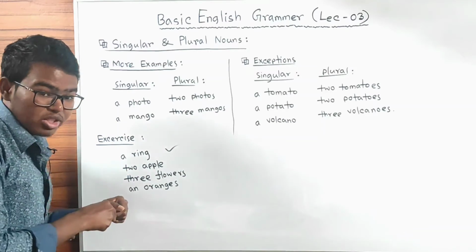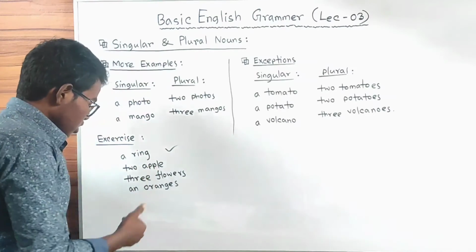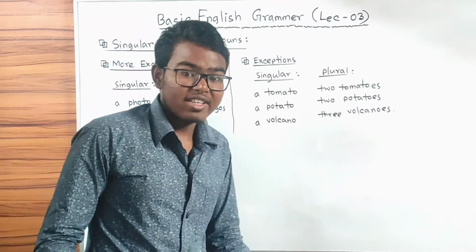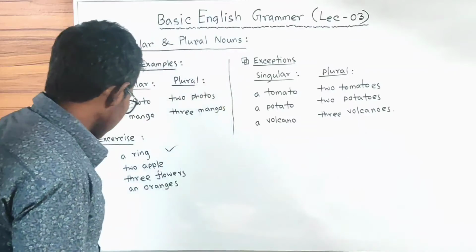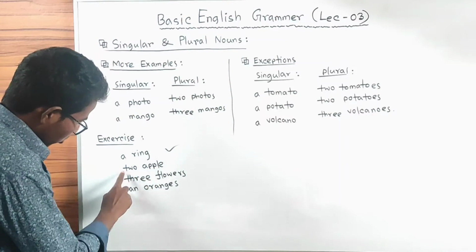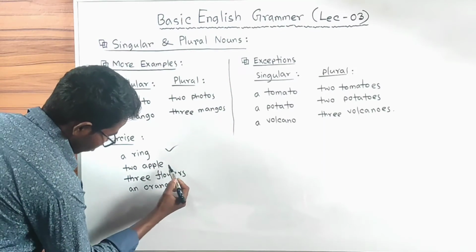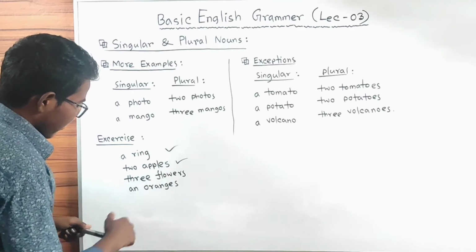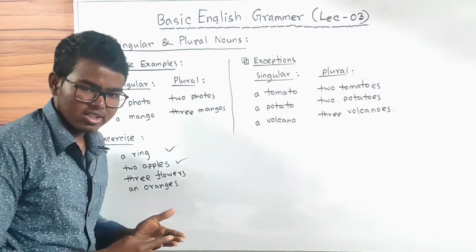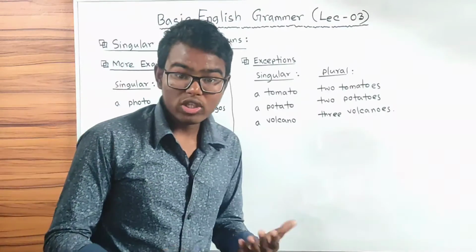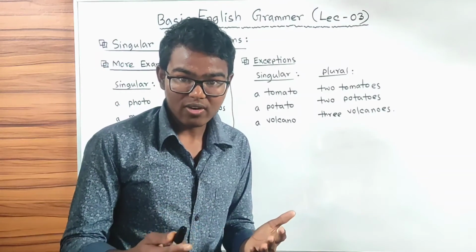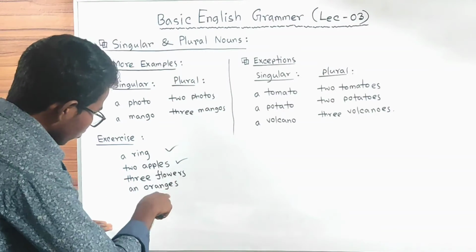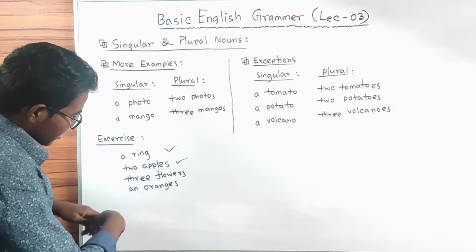Two apple, that means more than one apple, and we have to add s or es at the end of a plural noun, so we have to add s here. Two apples, we have to add s. Now it's correct. Three flowers, three flowers means more than one flower, so it is plural, three flowers, and already we have s at the end, so it is correct.